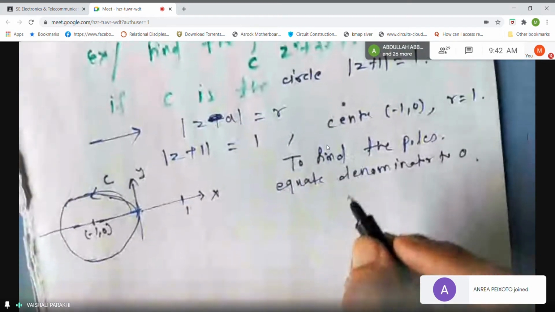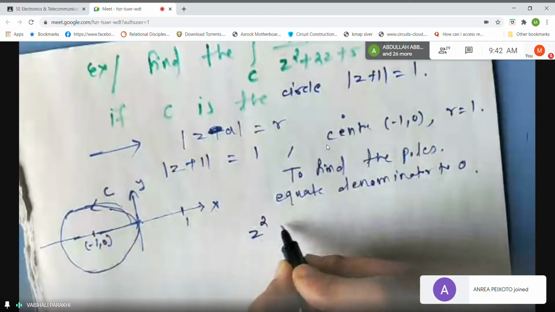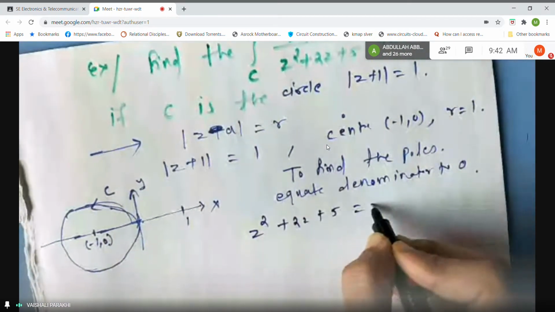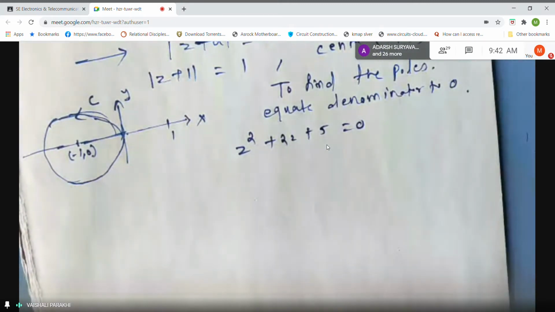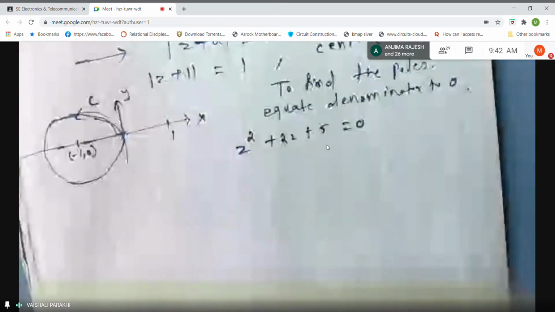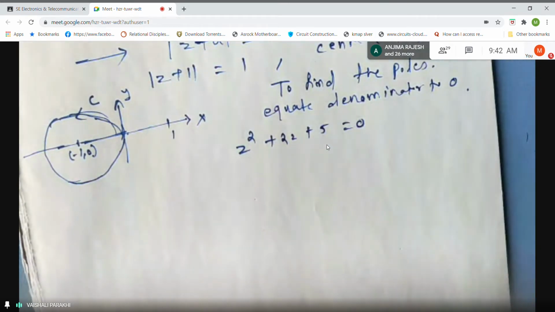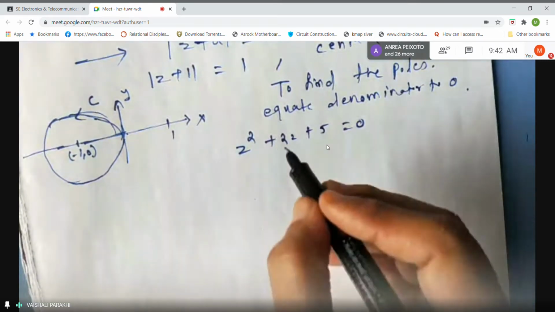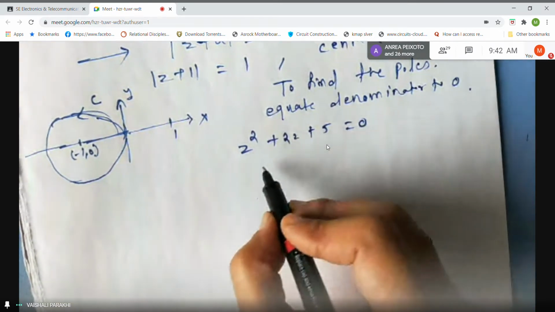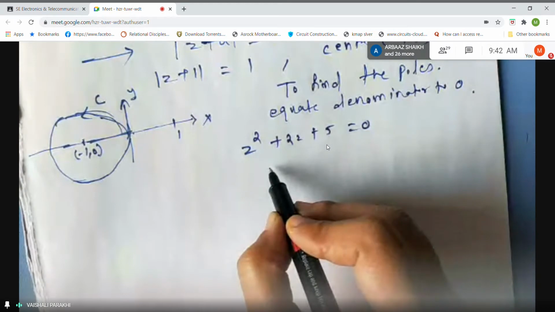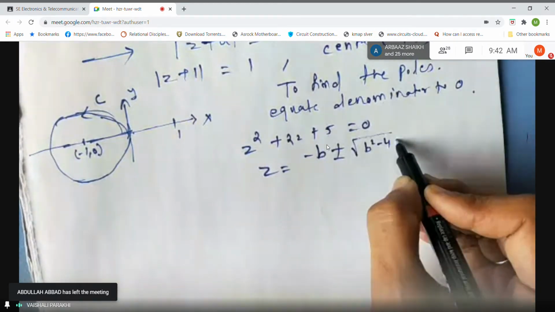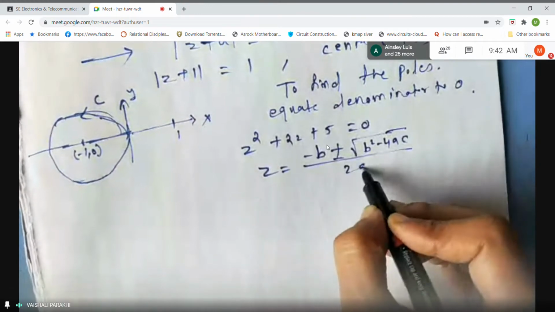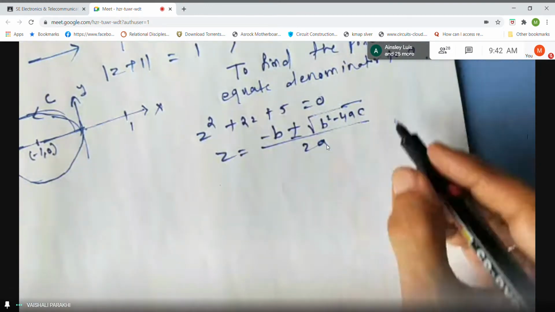Now what is the denominator in the given integrand? z square plus 2z plus 5 is equal to 0. You need to find out the values of z. Is the quadratic equation factorizable directly? Can you find two factors of 5 such that the product is 5 and the sum is 2? No. So you either use the calculator or use the formula. z is equal to minus b plus or minus root of b square minus 4ac upon 2a. Right? So see what you get.